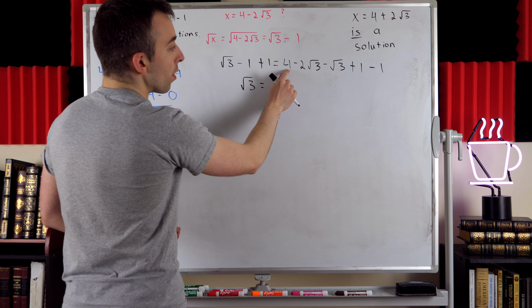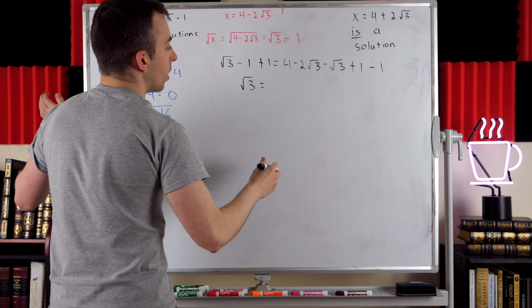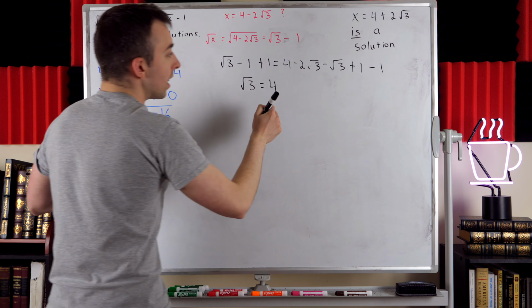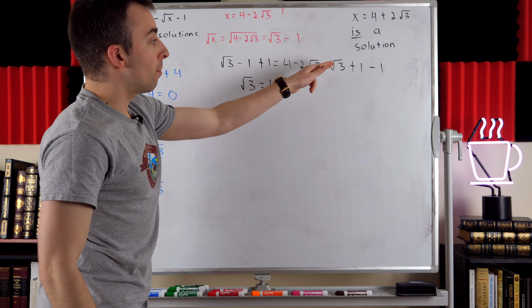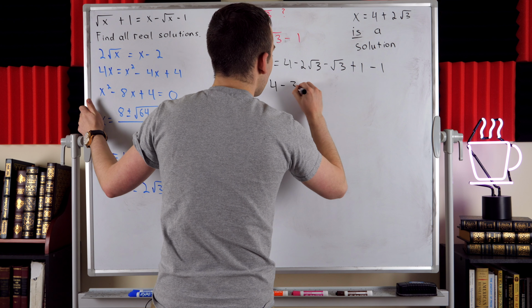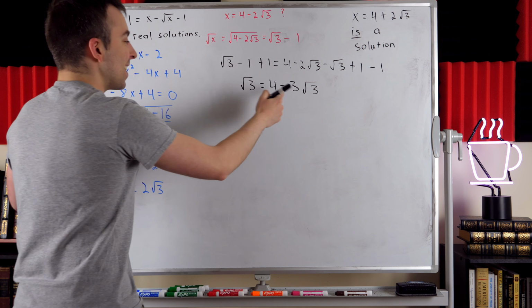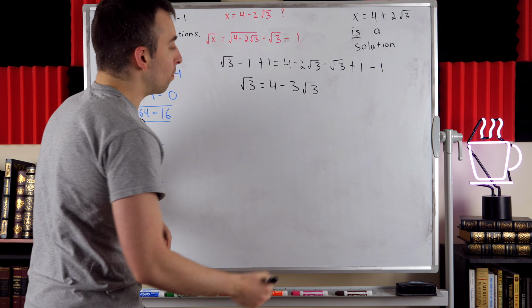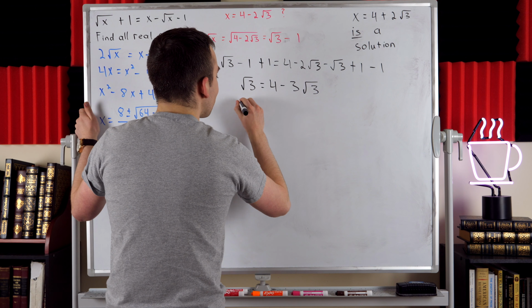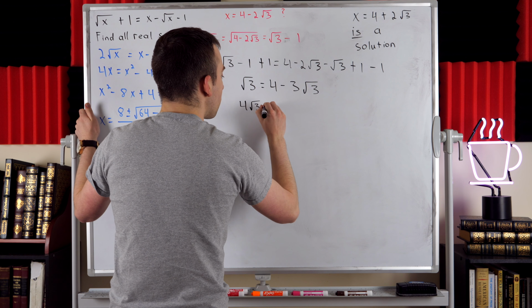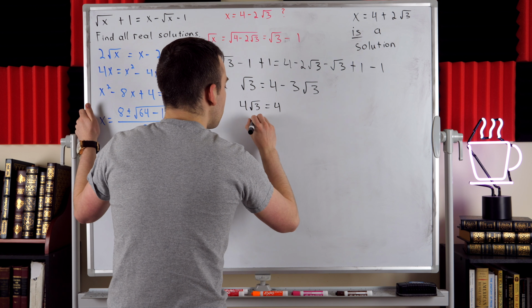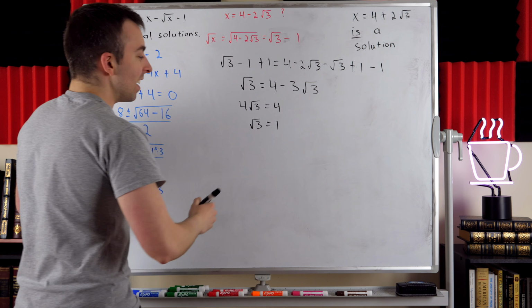On the right, we have 4 plus 1 minus 1, which is just 4, and then we have minus 2 root 3 minus root 3, so that's minus 3 root 3, and that doesn't look right to me, but we'll just be sure. Add 3 root 3 to both sides, and we get that 4 root 3 is equal to 4, and so the square root of 3 is equal to 1.